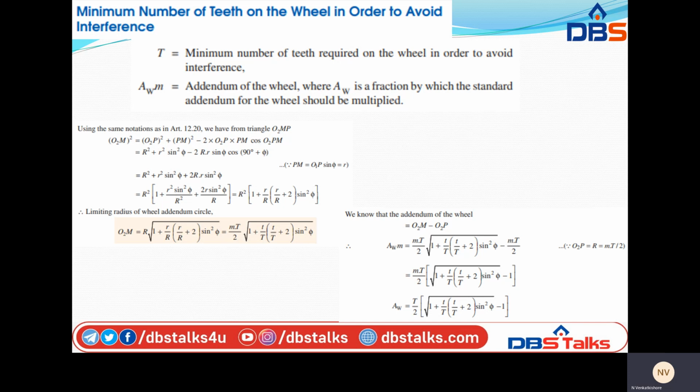And then using the formula we used previously, that was O1NP, but here for the wheel it is O2MP. If you clearly observe the diagram that we already remembered previously.